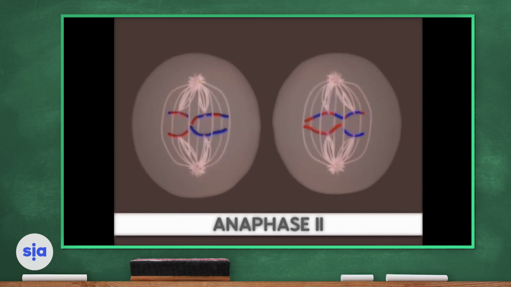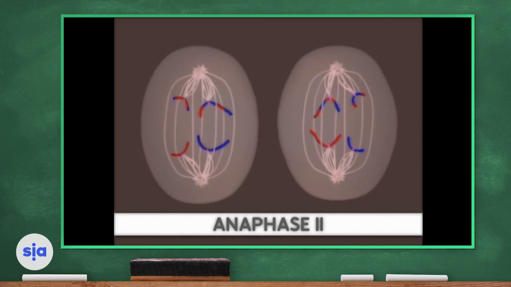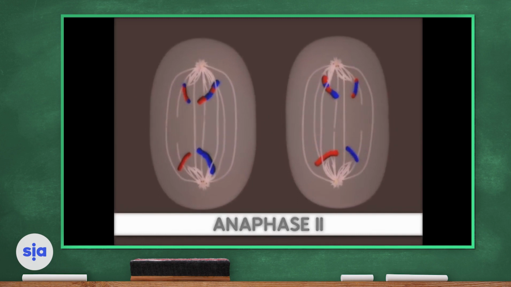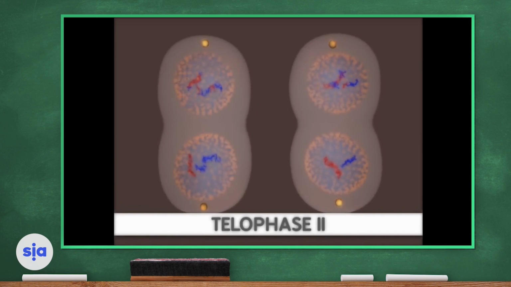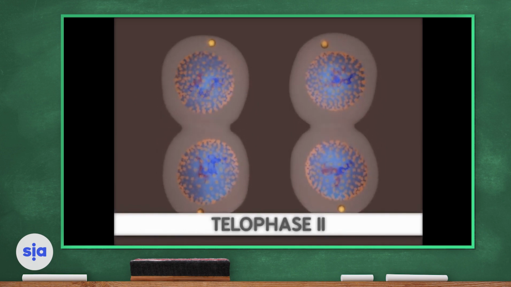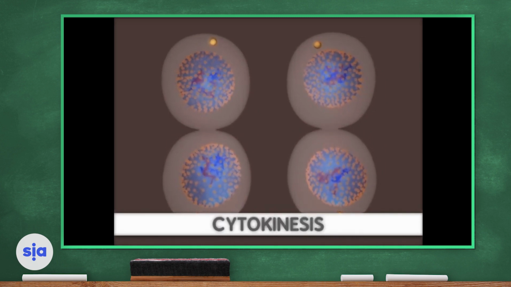In anaphase II, the sister chromatids are pulled apart as the microtubules shorten. Also, the ends of the cell are pushed farther apart as microtubules elongate. In telophase II, the nuclear membrane reforms and the cytoplasm is divided into the two haploid daughter cells. This division is called cytokinesis.